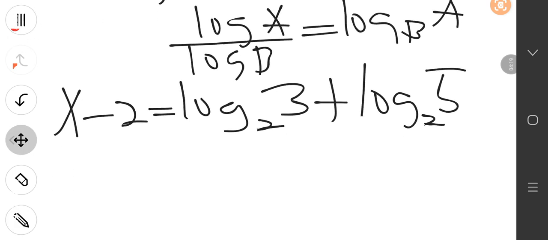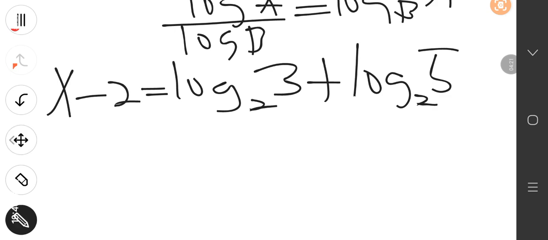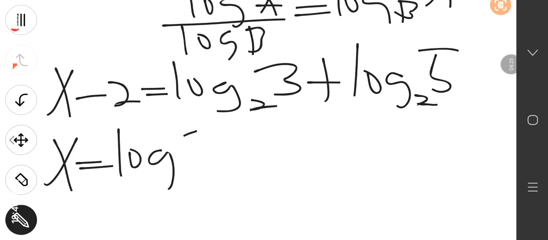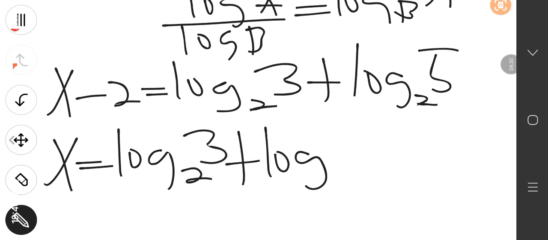Okay, all right, so we want to make x the subject of the equation. So we have x = log 3 base 2 + log 5 base 2 + 2. So this is our final answer.